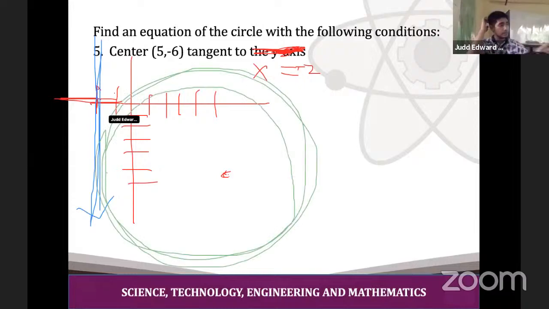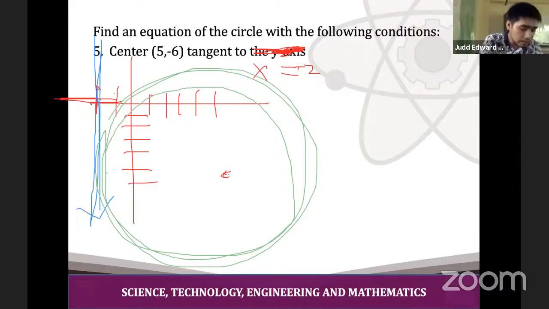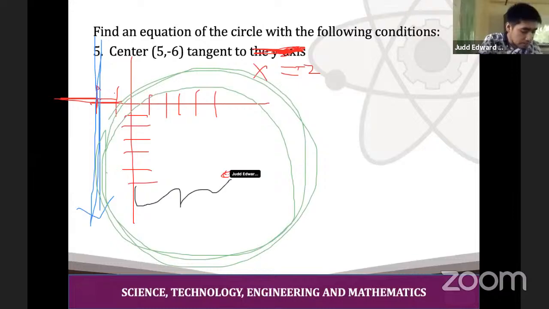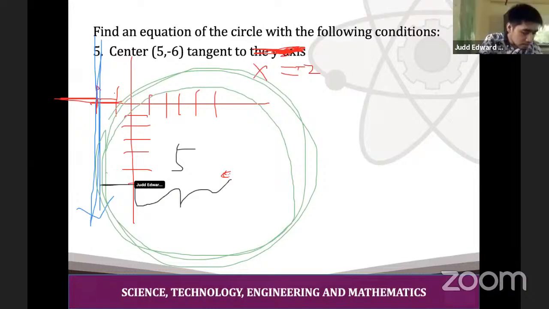Okay, so let us now try to get the radius. Any volunteer who would like to tell me what the radius is? The radius will be, so tandaan natin, that from this one to this is 5, right? And this one, this is 2.